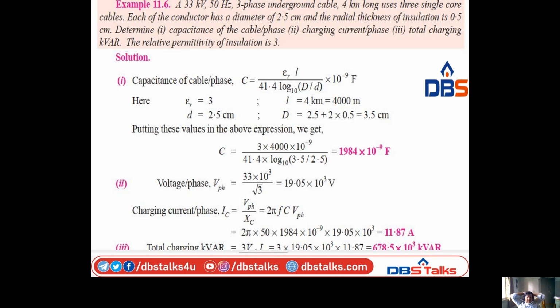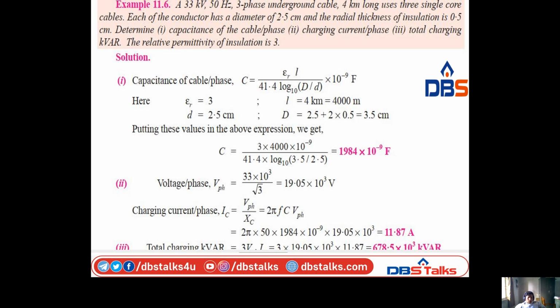So, second one, total charging kVAR or charging current. Voltage V phase is equal to 33 into 10 cube by root 3, that is equal to 19.05 into 10 cube.